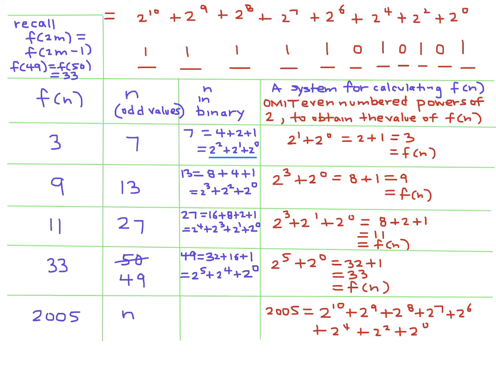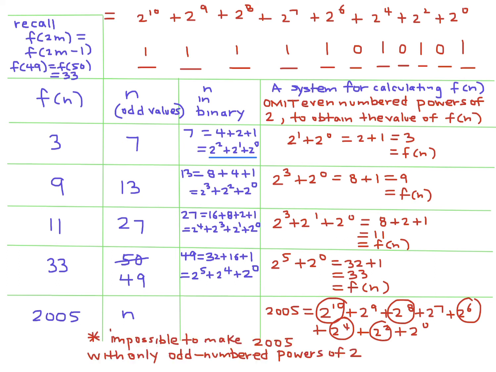Now to get f at n, you have to omit even numbered powers of 2. Correct? But this has even numbered powers of 2. It has quite a few of them, in fact. It's got this one, this one, this one, this one, and this one. So it's impossible to make 2005 as f at n with only odd numbered powers of 2.